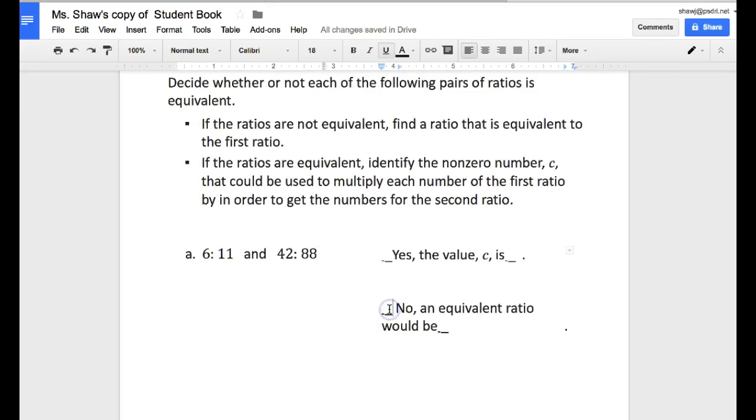So over here, we write a capital X on the no. So an equivalent ratio, however, could be, and what did we just see when we drew it in? You have it on your paper.